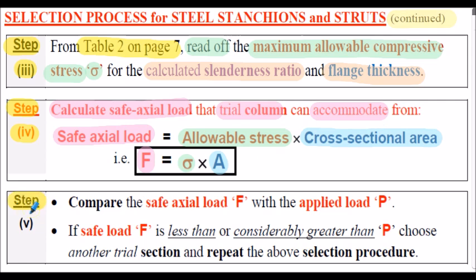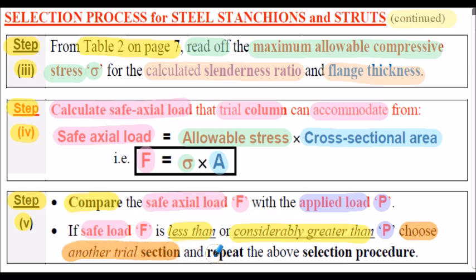In step 5, we now compare the safe axial load F with the applied load P given in the question, and if safe load F is less than, or considerably greater than, the applied load P, we then need to choose another trial section and we repeat the above selection procedure.